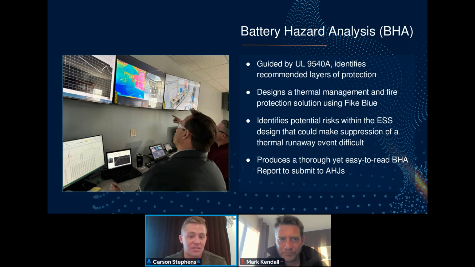What's the temperature of the surrounding modules when a full-blown thermal runaway event happens in your battery technology? It looks at each one of those, formulates a game plan for you and says, hey, here's where you want to be in this market. Here are your risk factors in play. Here are the mitigation techniques that FIKE would be able to recommend to you.